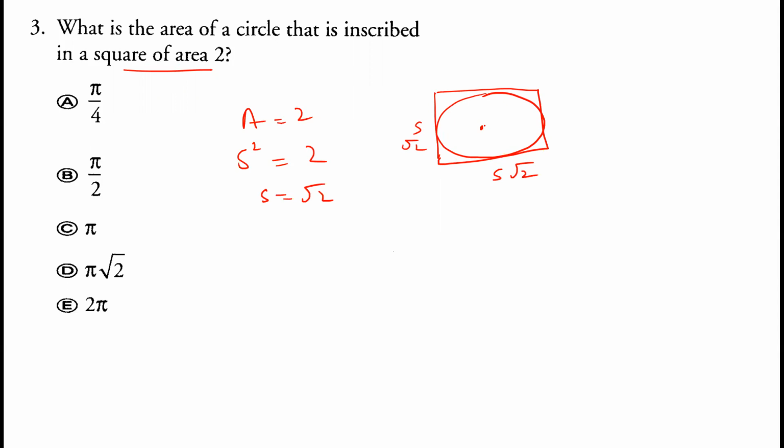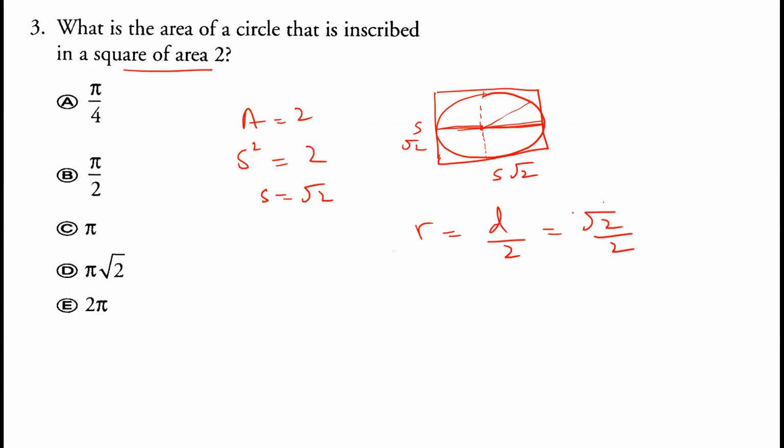Now the diameter of this circle will be equal to the length. So this is the diameter, and this is equal to under root 2. So the radius will be equal to diameter over 2, or under root 2 over 2.